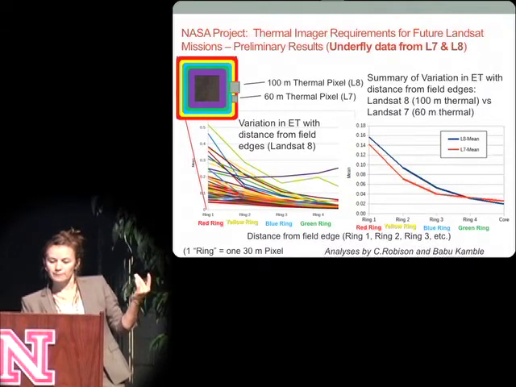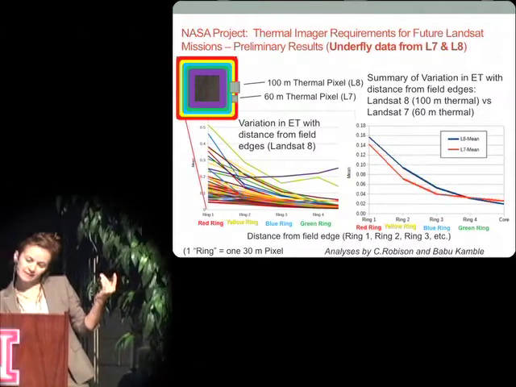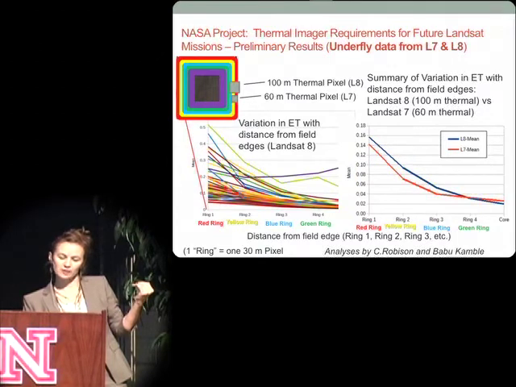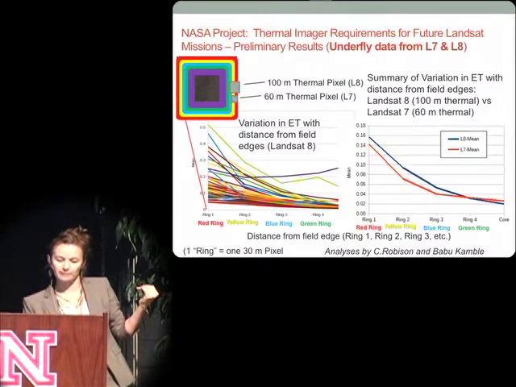And so here, when you look at the data, and this is the distance, the closer the lines, that means there is less variation. Let's look at ring 1 again so that we can understand this. Ring 1, that's my core here, the edge of my field, the 30 meter, this area.